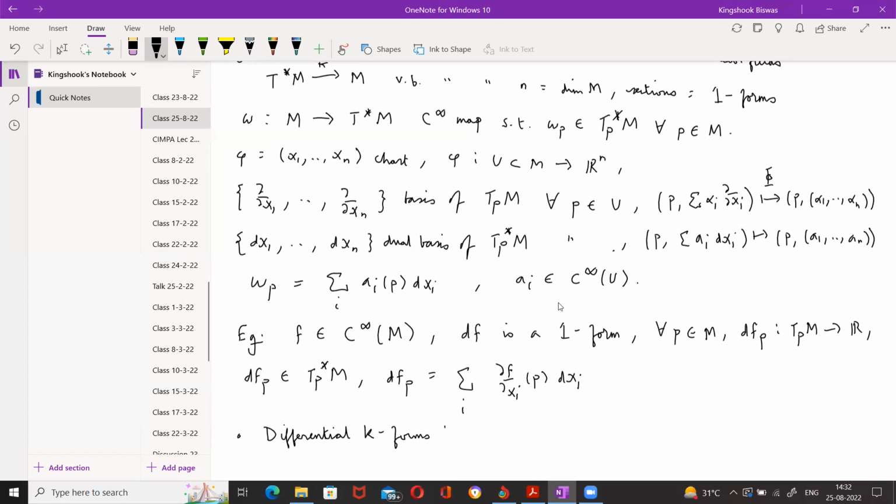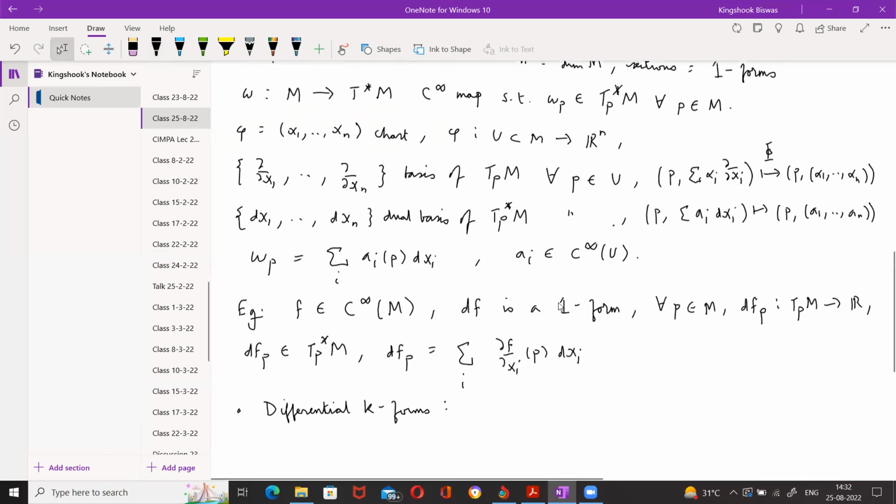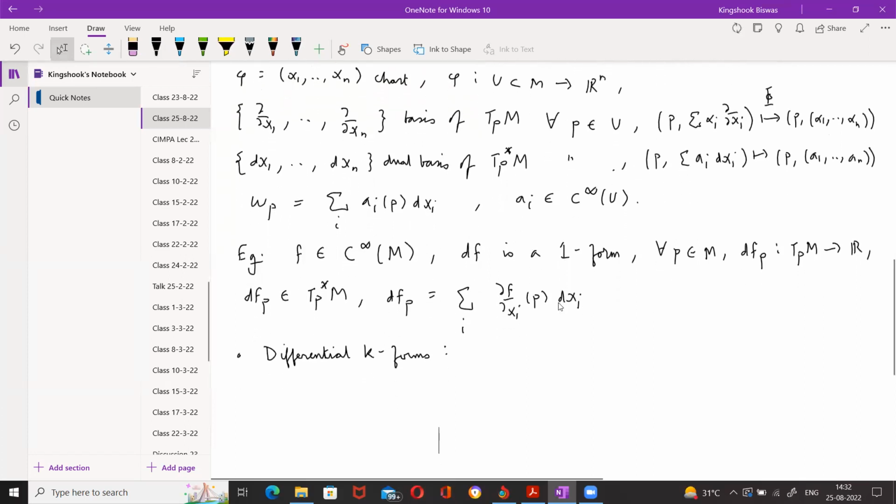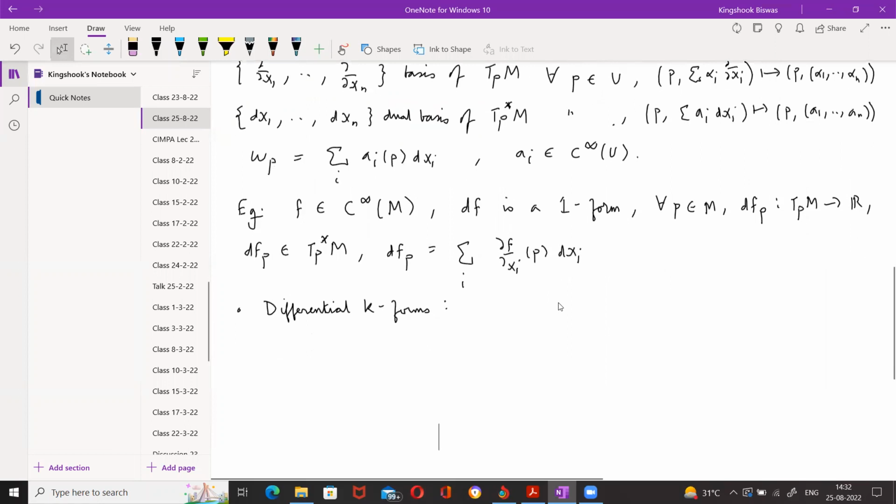So what are differential k-forms? First, what is the kth wedge of the cotangent space?